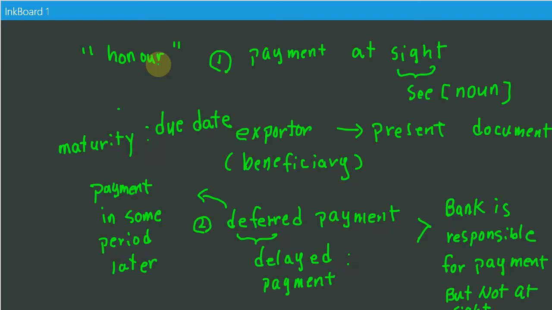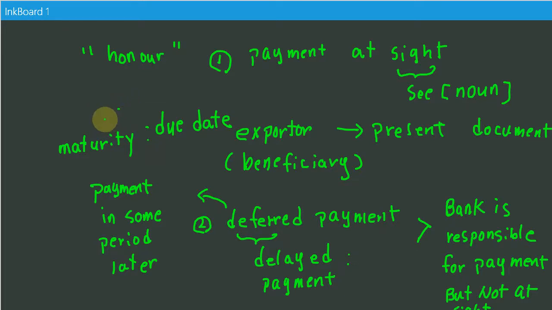The payment undertaking is by the bank. The bank confirms the payment, but not at sight, not at the same time as the beneficiary presents the document.